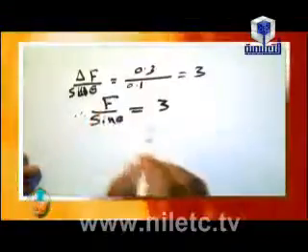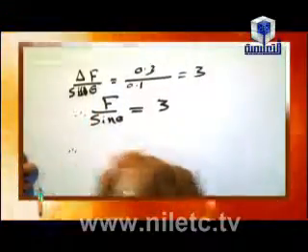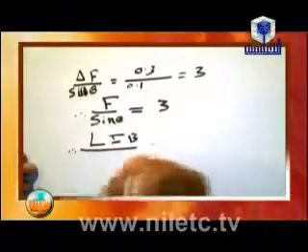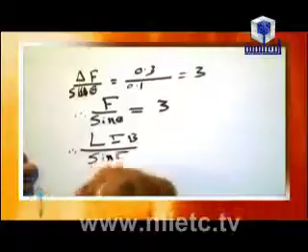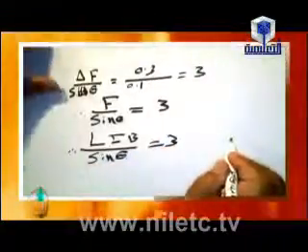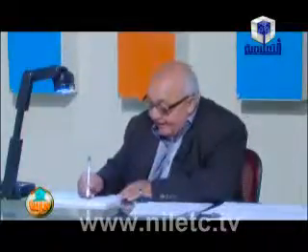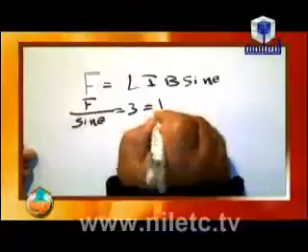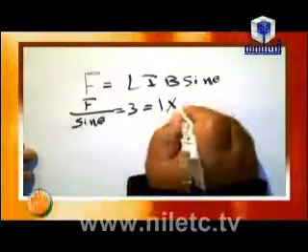From this law, F equals LIB sine theta. We have F over sine theta, which is equal to 3, and L equals 1 times current, which is equal to 20.